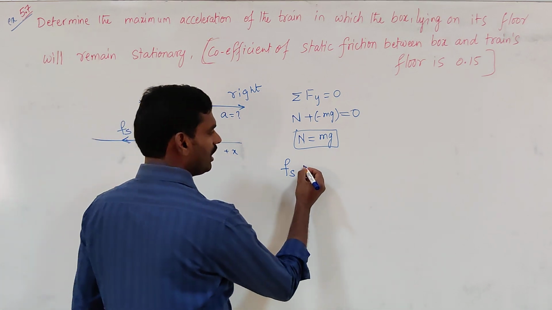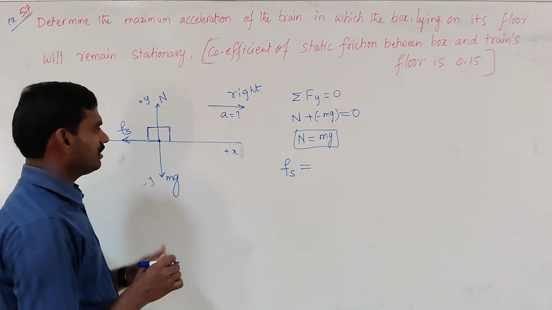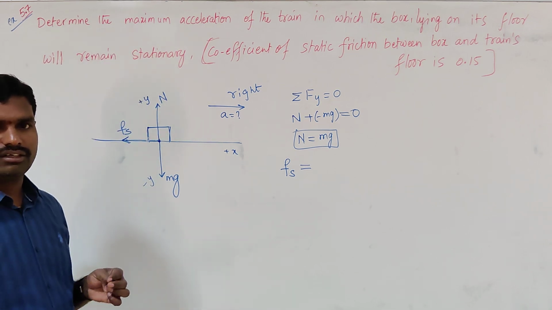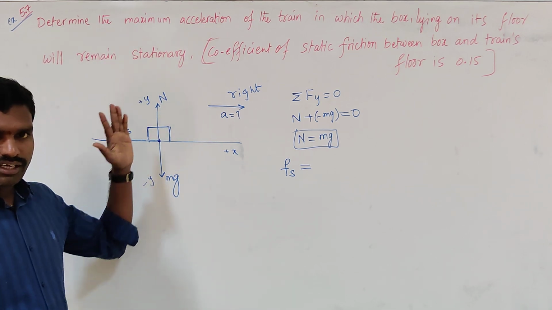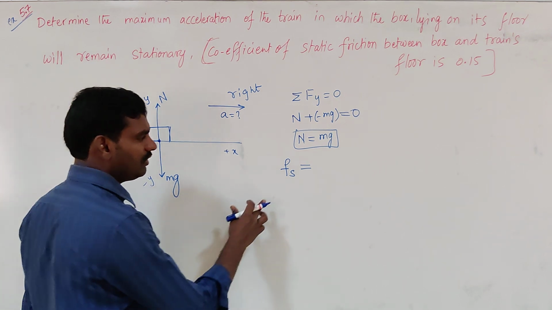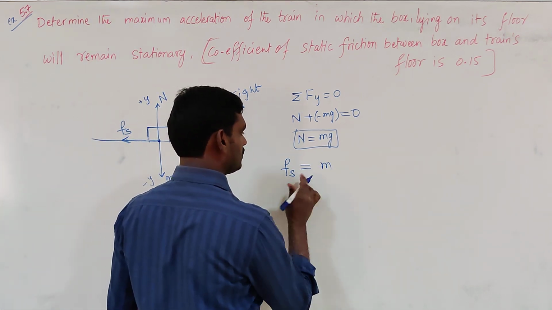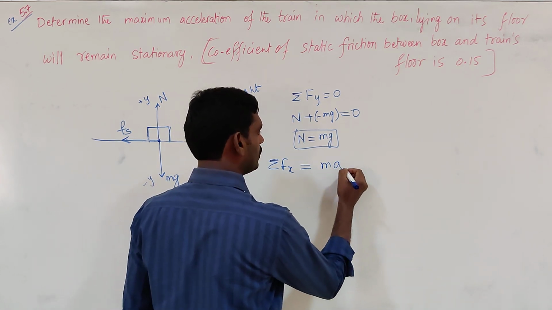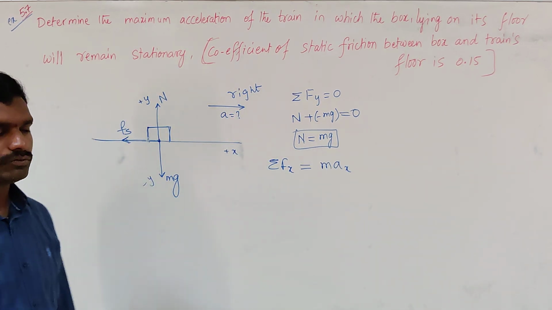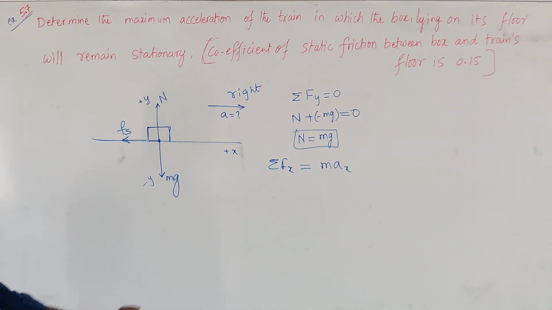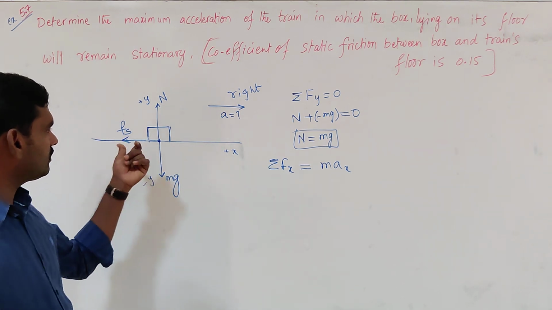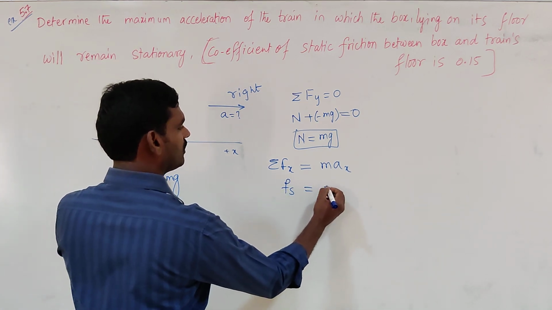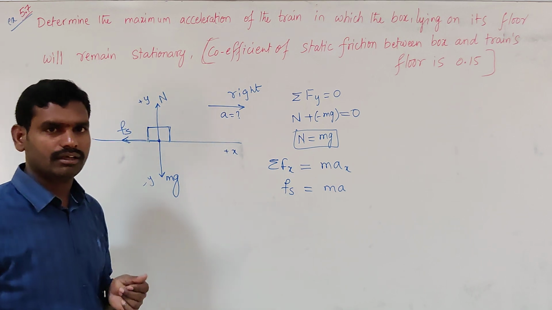We know Fs equal to... here the train is accelerating, and we need to find the acceleration. When the train accelerates, we apply Newton's second law of motion: the sum of x components of forces equal to ma. Only the static frictional force is acting along the x-axis, so Fs equal to ma.